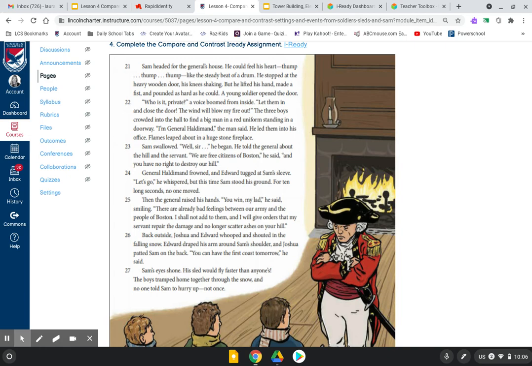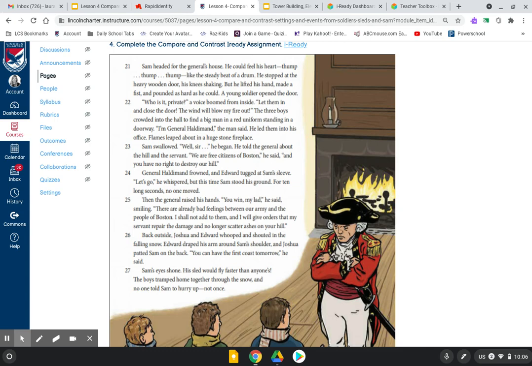Sam swallowed. "Well, sir," he began. He told the general about the hill and the servant. "We are free citizens of Boston," he said, "and you have no right to destroy our hill." General Haldimand frowned, and Edward tugged at Sam's sleeve. "Let's go," he whispered. But this time Sam stood his ground.